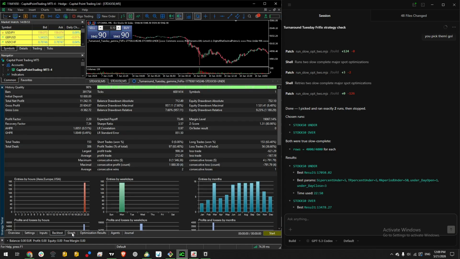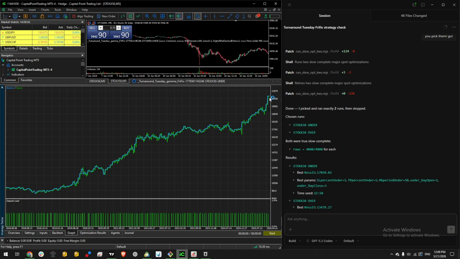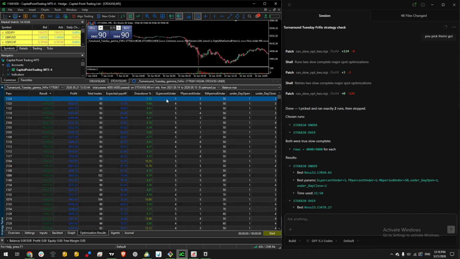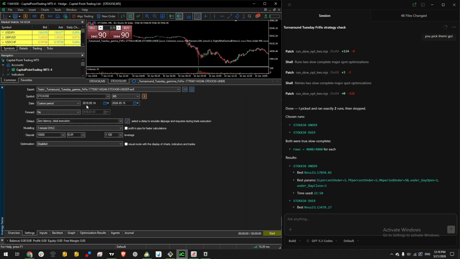Okay, again, I'm digressing. Look at this. I love seeing this. This potentially means that the pattern that we discovered is working, because it obviously works better or not much worse in the out of sample period compared to the optimization period that we used here.